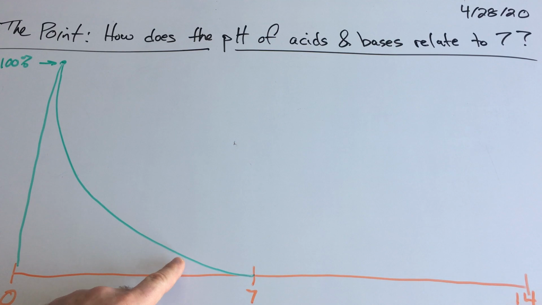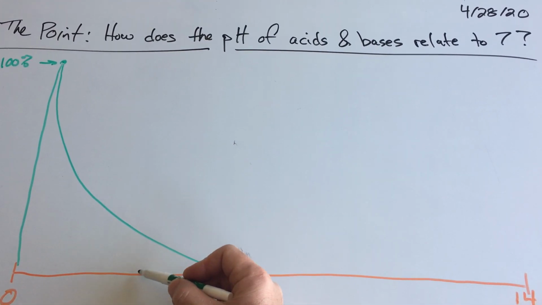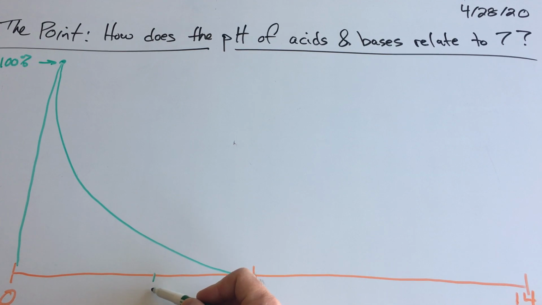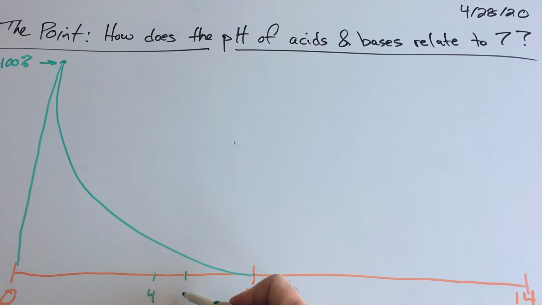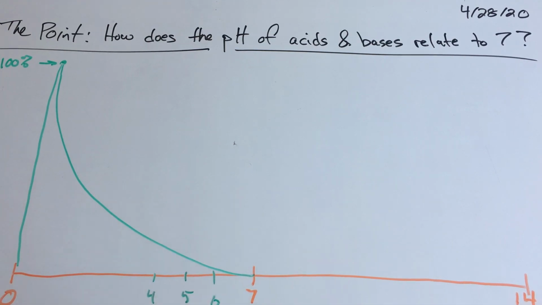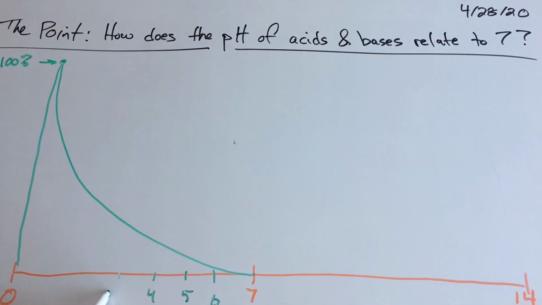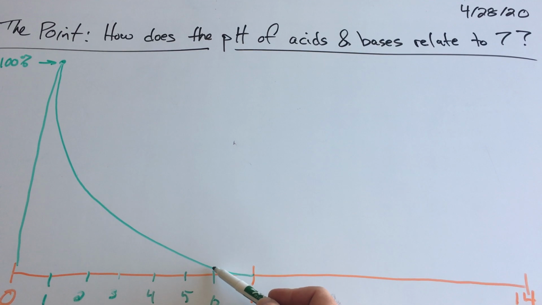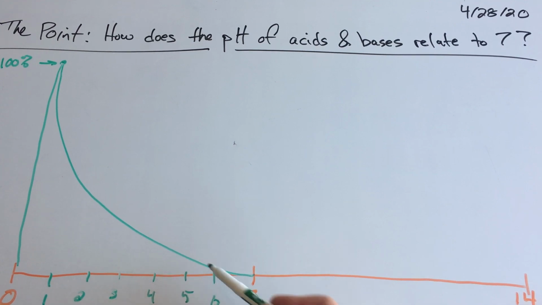That means if you go from, let's just mark this off. It's supposed to be a 6. The difference between 6 and 5, not huge.